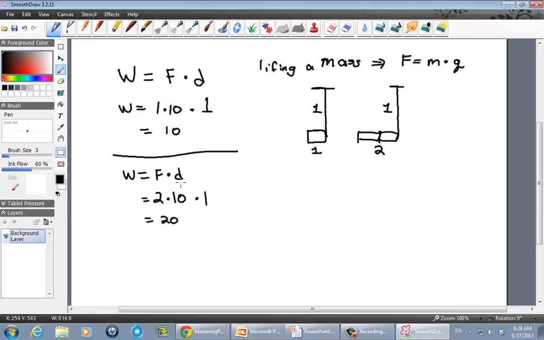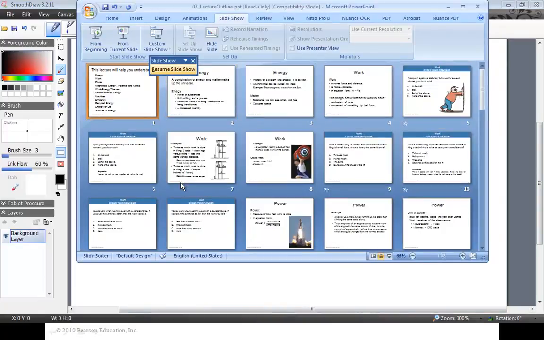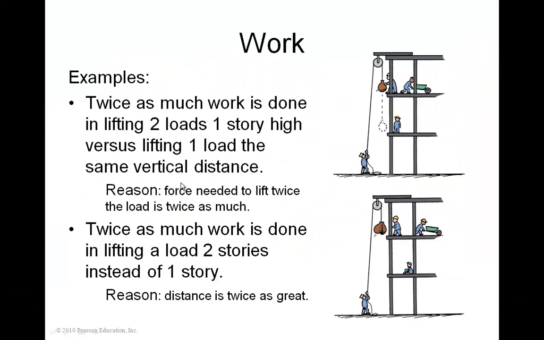So we can see that when we lift twice the mass, we do twice the work. Okay, so the reason was the force needed to lift twice the load was twice as much.